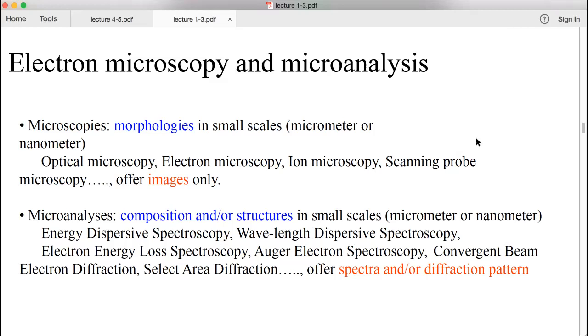To fully characterize the sample you have, you can use various techniques, and electron microscopy plays a major role here, because very few techniques are available to image nanoscale structures.